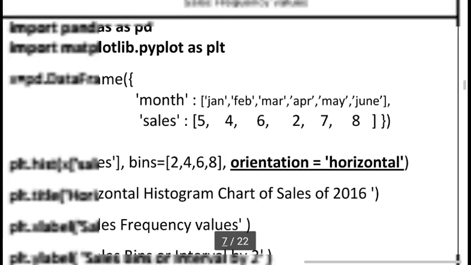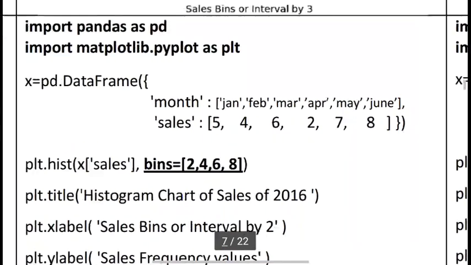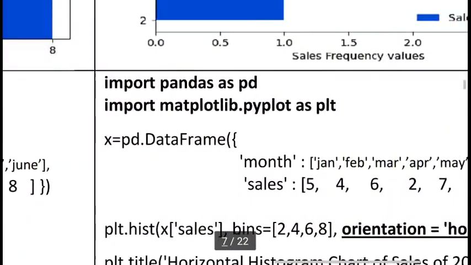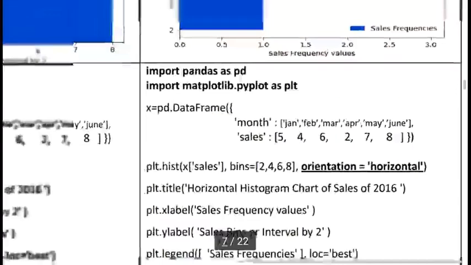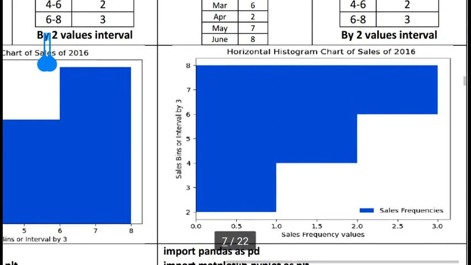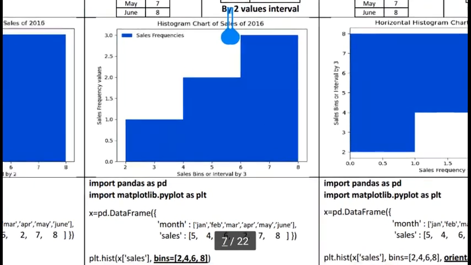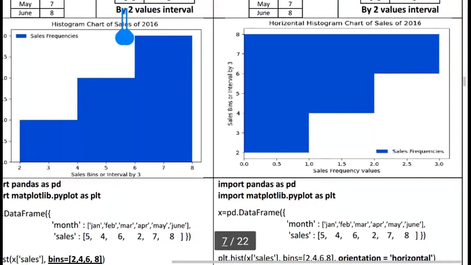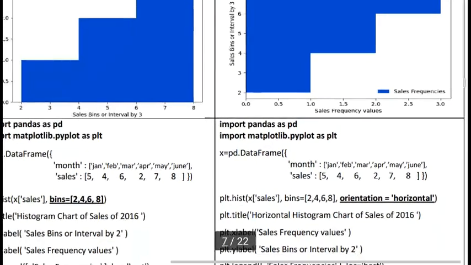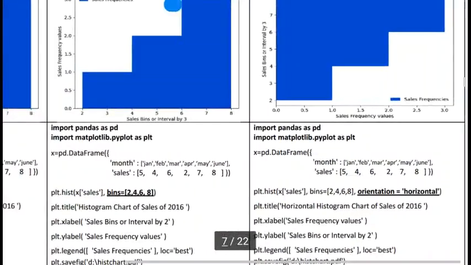Only one thing I have changed in the last program. All our intervals will go on the Y axis and all frequency on the X axis. So this rotates our chart into horizontal form, using orientation equal to horizontal.